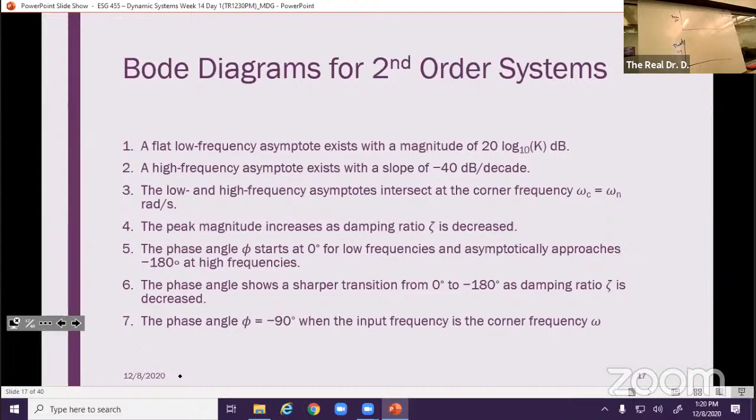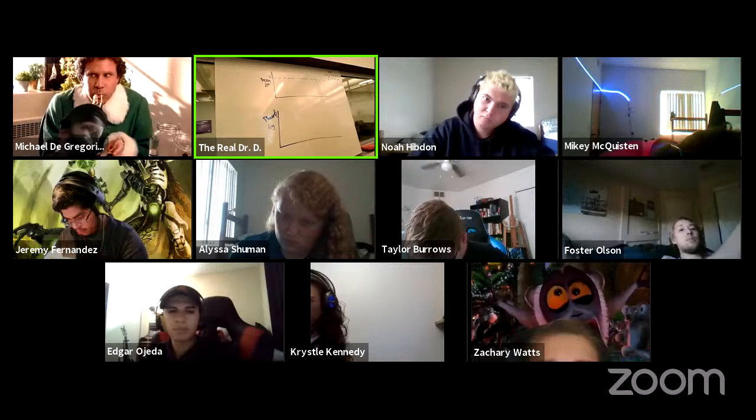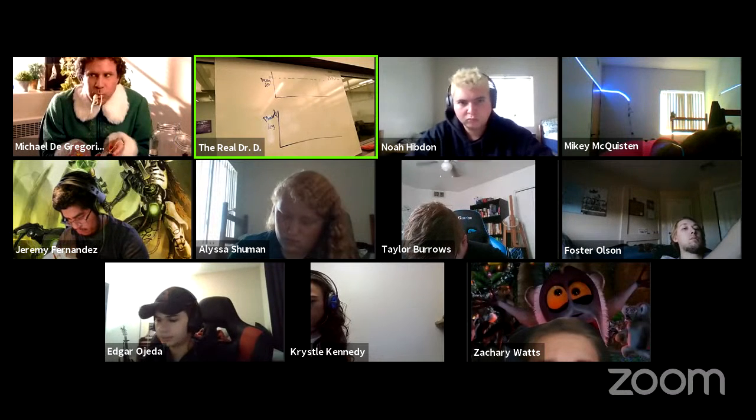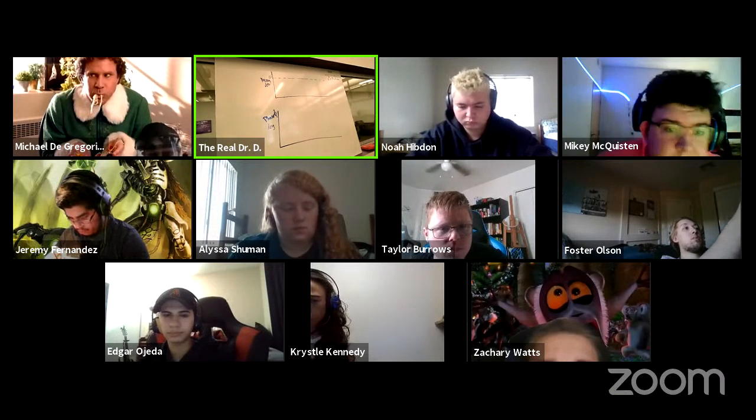So we have a flat low frequency asymptote that exists at 20 log K. In this case, K was 1, 20 log of 1 is 0, so 0 dB. There's my low frequency asymptote at 0 dB. Great success.